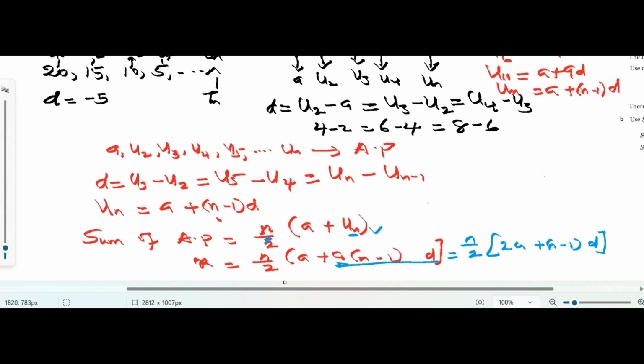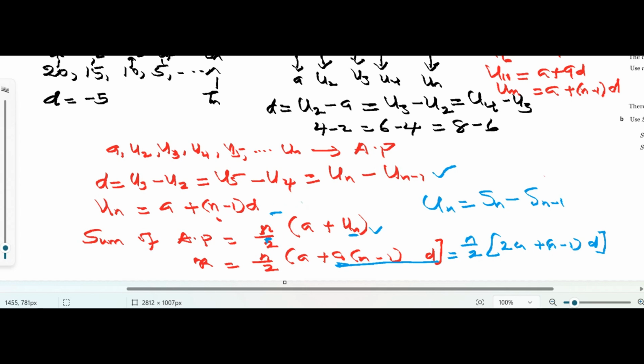And on some occasions, we can calculate the nth term by using the sum of the nth term minus the sum of the preceding one. We normally use that. So these are the formulas you need to know about arithmetic progression. Common difference is U2 minus U1, or U3, the third term, minus the second term.